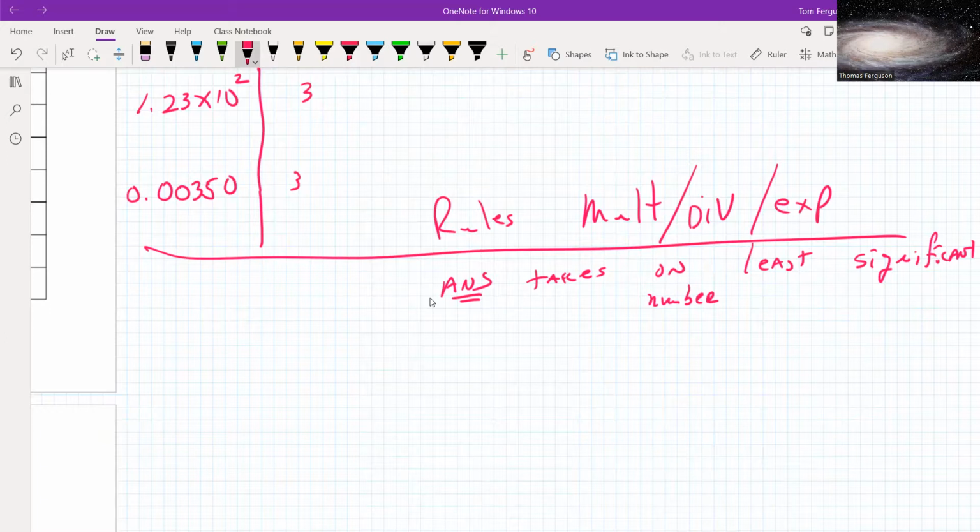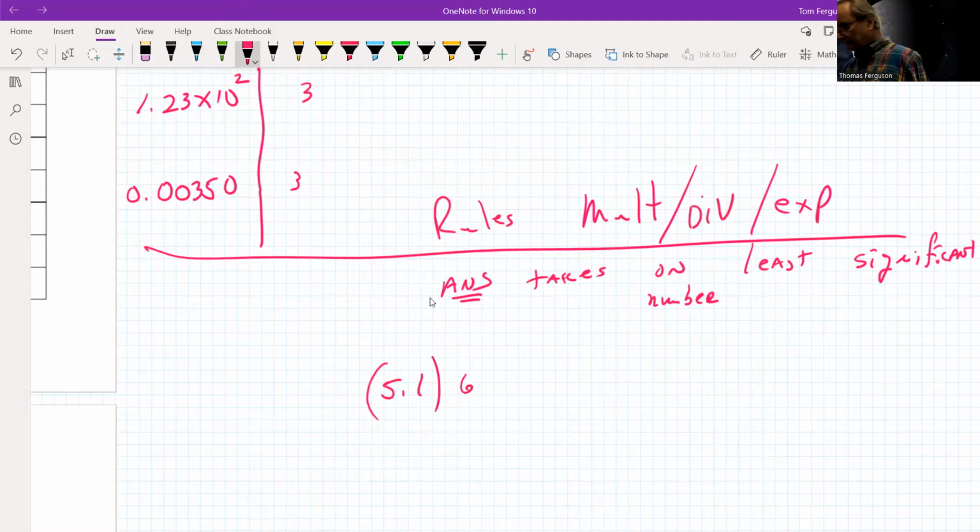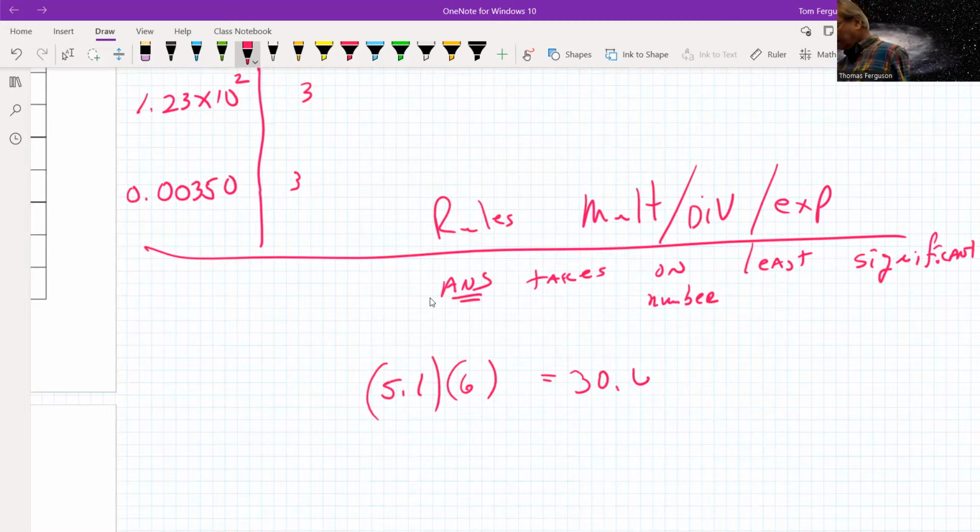So if we're multiplying, we do it on our calculator, and we're going to get an answer. And your calculators sometimes will think they're smart, and sometimes they won't. So I will multiply 5.1 times 6.